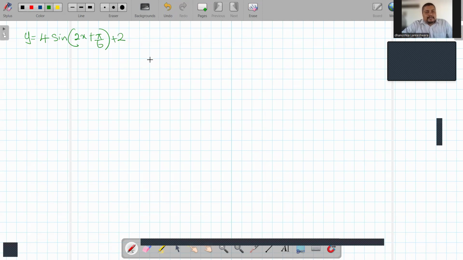This type of transformation, okay? So it is basically a transformation of the sine graph.